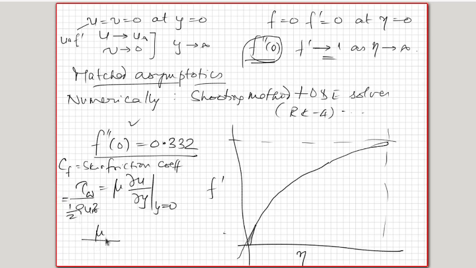So this will be mu divided by half rho u infinity squared, multiplied by u infinity into square root of u infinity divided by nu x into f double prime at 0. Is that correct?